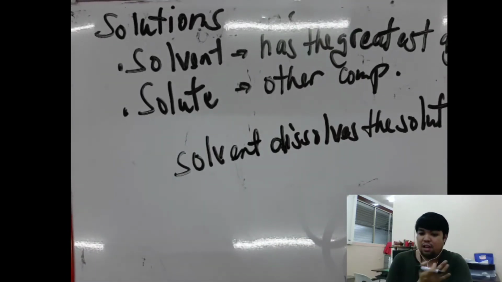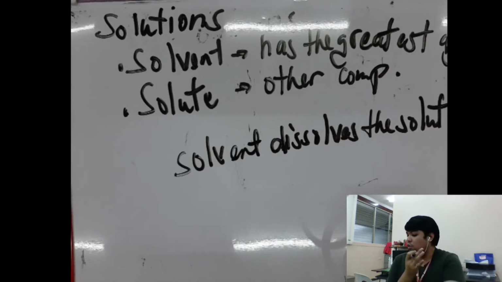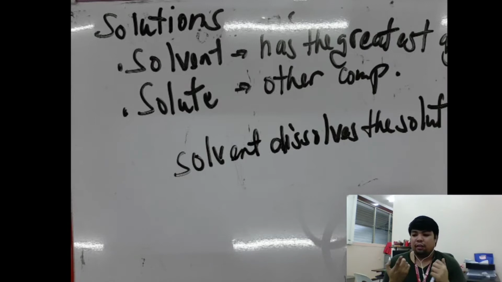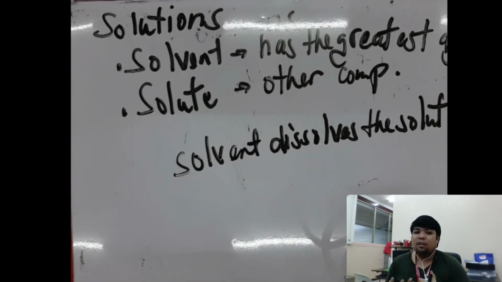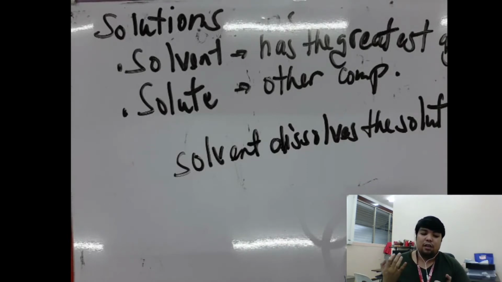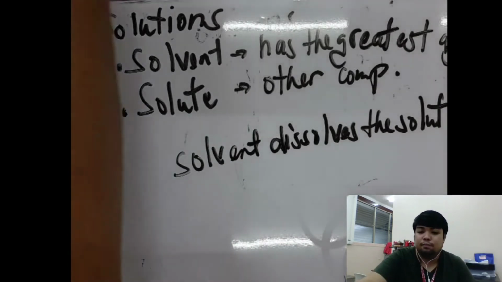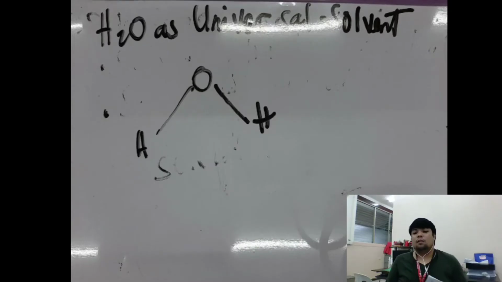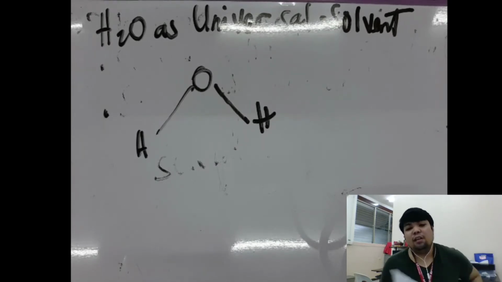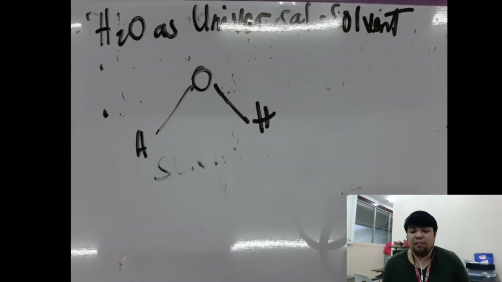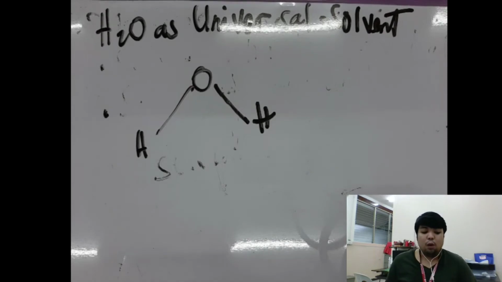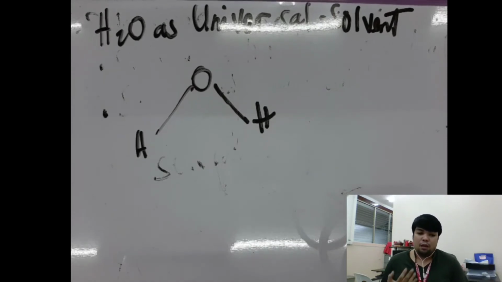Now that we've set the stage on solutions, we will discuss why water is a popular solvent, or how it earned its moniker, the universal solvent. Water is a universal solvent because it can dissolve a wide range of compounds, be they ionic or molecular.